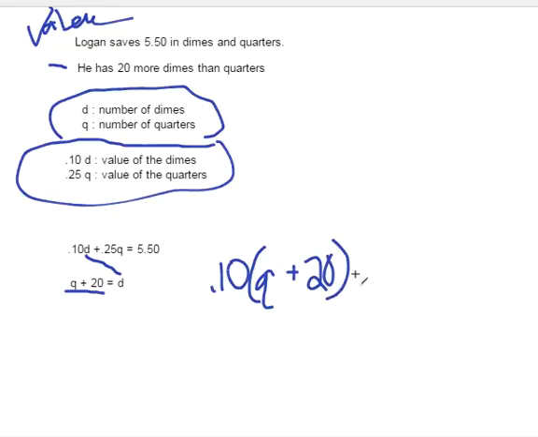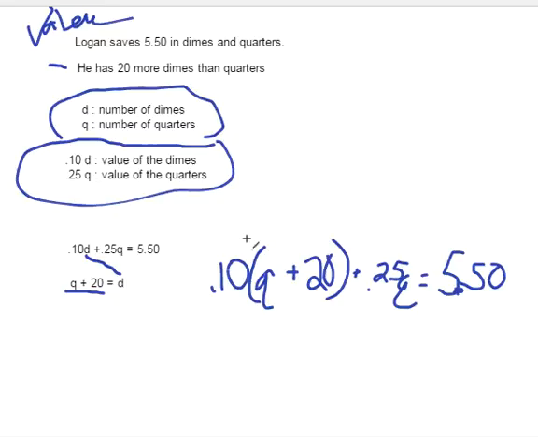Okay, so that's the D part, plus 0.25Q equals 5.50. The whole reason we had to do this substitution is because we cannot solve an equation with two variables. We need only one variable. And so now what we have is a nice long equation with only Q's in it. And that is good for us.